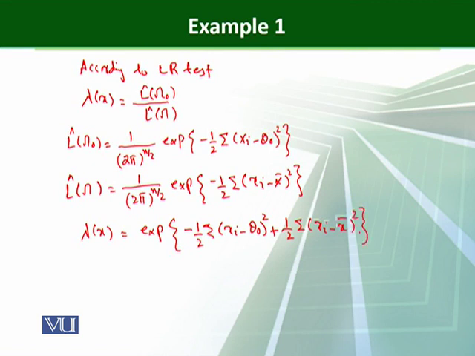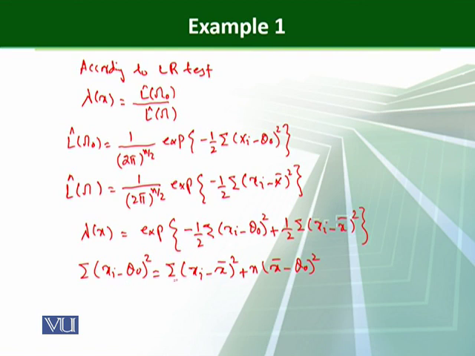Now sum of xi minus theta naught squared can be written as sum of xi minus x bar squared plus n times x bar minus theta naught squared, by adding and subtracting x bar and then simplifying.